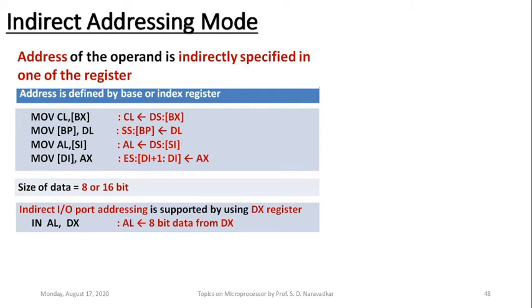That's why 8-bit data from that addressed port location, which is given by DX, these 8 bits of data will be copied to the 8-bit accumulator, that is the AL register. So even this instruction also refers to indirect addressing here. But the thing to be remembered here is that the port address is never specified inside square brackets like that of the memory address which has been shown earlier.